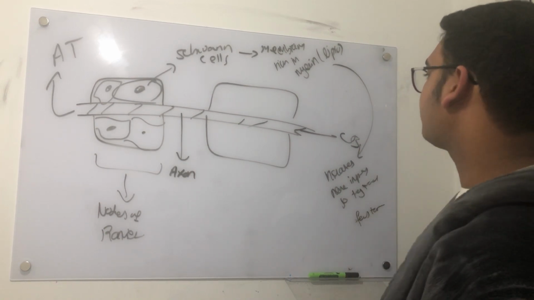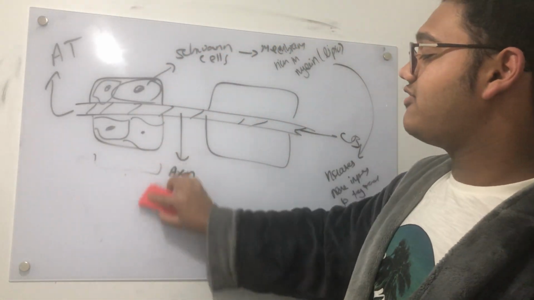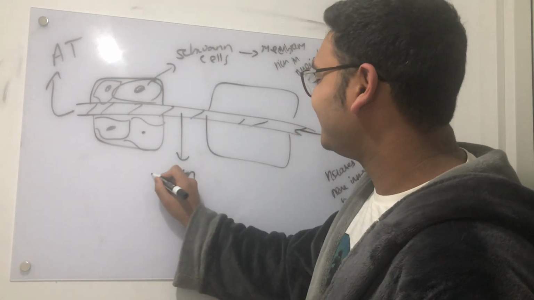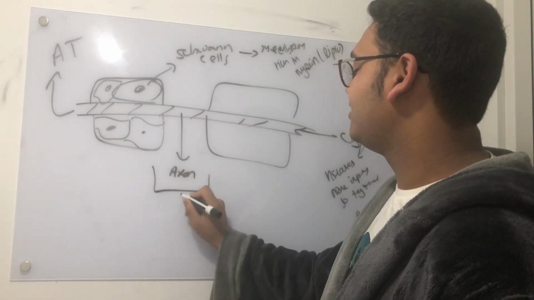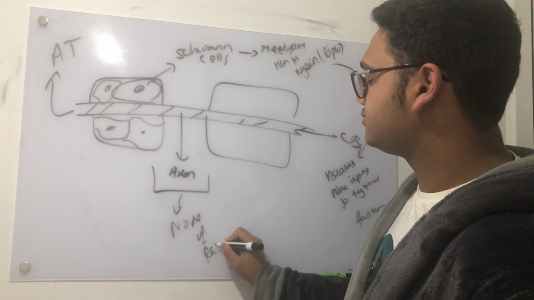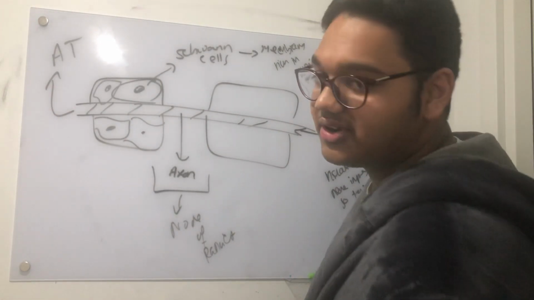Also, I just realized a crucial mistake in my labeling. That is not a node of Ranvier, it's actually the gap. Apologies. So the gap over here is your node of Ranvier. Sorry about that, but you know, we all make mistakes.